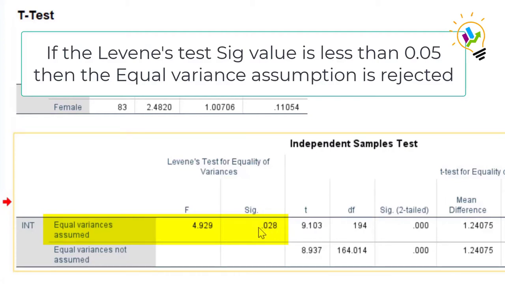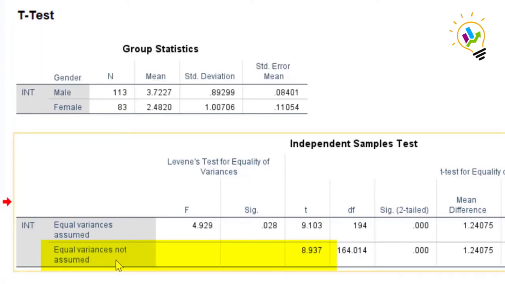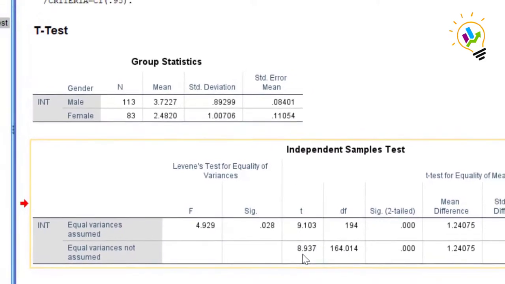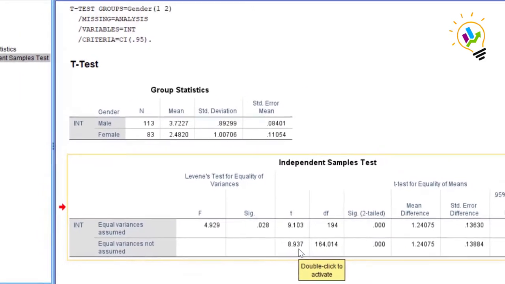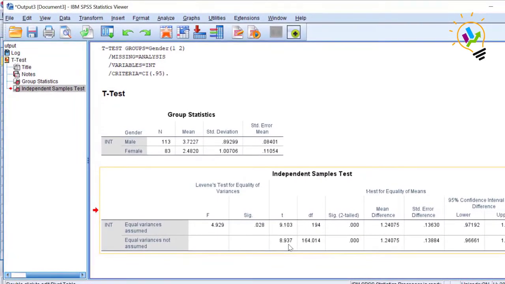The significance value here is 0.028, which is less than 0.05. So we are rejecting the assumption that the variance between male and female is equal. The equal variances assumed is rejected. So which value must you select? The equal variances not assumed value must be selected. So the t value we must select is 8.937. So these values we are going to use in the analysis of effect size.